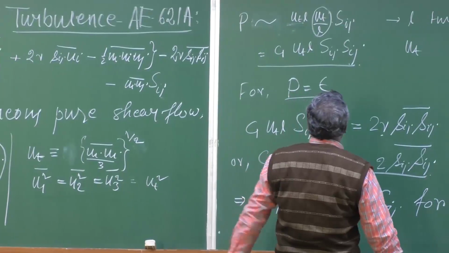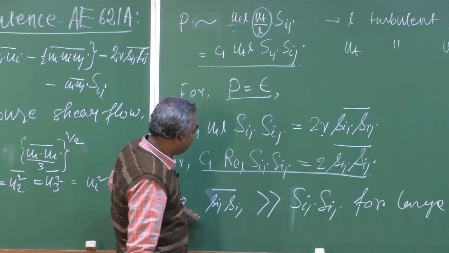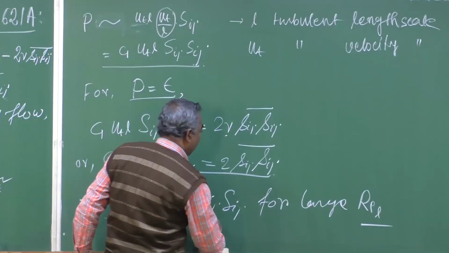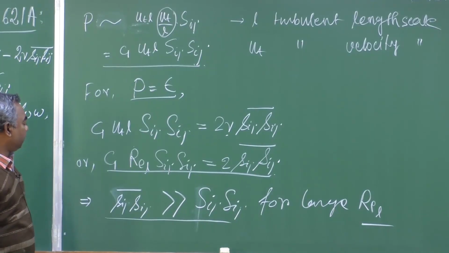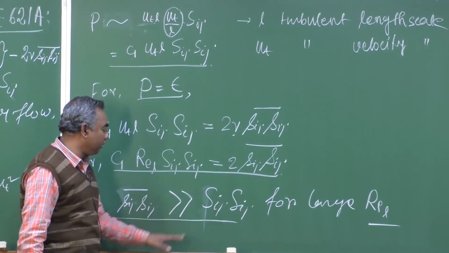Okay. So, with this scale we get this particular equation. For very high Reynolds number, this is our relation. Now, see small Sij and capital Sij.